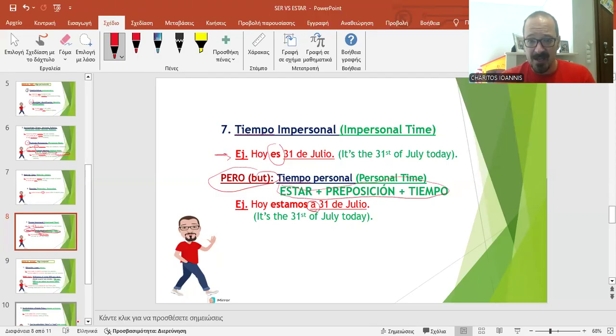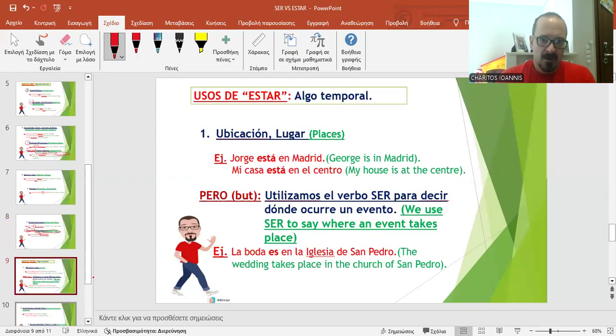In this case, hoy es 31 de julio, immediately after the verb, I have the day, 31. See? The preposition follows the number. So immediately. Very important, very important. Up to C2, we have problems with this exception, this nice rule.